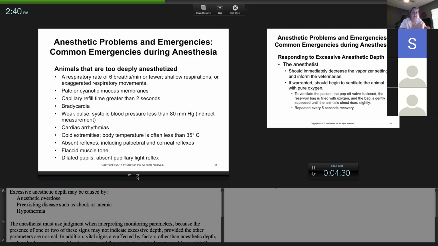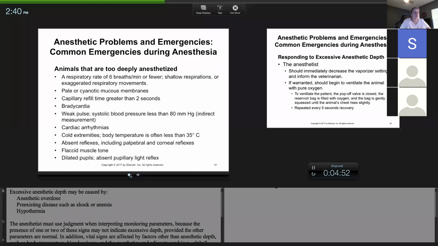Okay, when I have breathing problems with anesthesia, it's kind of like, am I getting the oxygen and gas from the machine to the patient. And then you have to think about all the parts along the way, and is everything functioning properly? Now, if they're too deep, how do I know they're too deep?